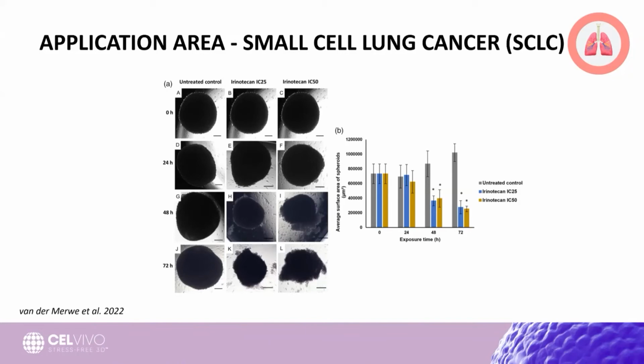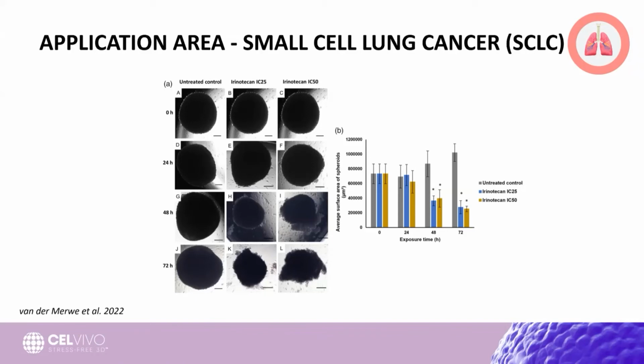And finally, when they established the model, they also treated the model with a common drug for this small cell lung cancer. And you can see that they have treated for 72 hours, with 2 different concentrations. And here are some pictures of what it looks like and how they have established that the cells are actually affected by this treatment. So they have measured the surface area, and you can see that it's quite evident that the cells are affected by this treatment.